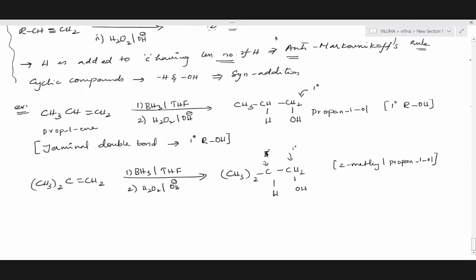To the first carbon, or the... 2-methylpropanol. Very good. Tertiary, not quaternary. So we'll have hydrogen attached over here, OH attached over here. So we have 2-methylpropan-1-ol. So we'll have 1-propanol.